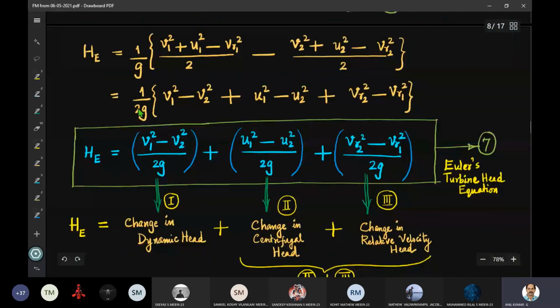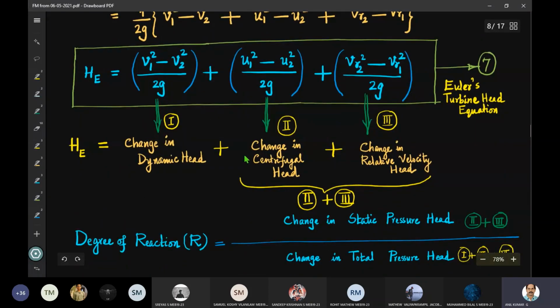Now distribute the denominator 2G. So what do you get? V1 square minus V2 square by 2G plus U1 square minus U2 square by 2G plus VR2 square minus VR1 square by 2G. See, only for that relative velocity part, the components are reversed. Otherwise, it is from 1 to 2. This time, for relative velocity components, it is from 2 to 1. So please take a note of it.